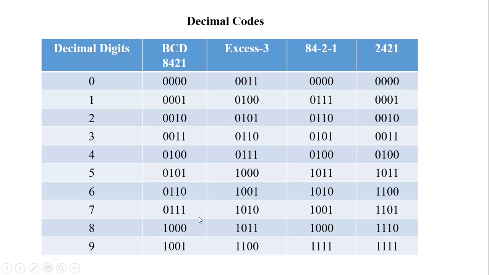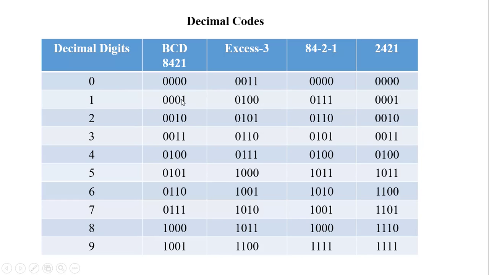Decimal code. These are the decimal digits 0, 1, 2, 3, 4, 5, 6, 7, 8, and 9. These are the 10 decimal digits. This is BCD or 8421 code. Decimal 0 is represented by four zeros in binary in BCD. So this is the 4-bit BCD of decimal digit 0.